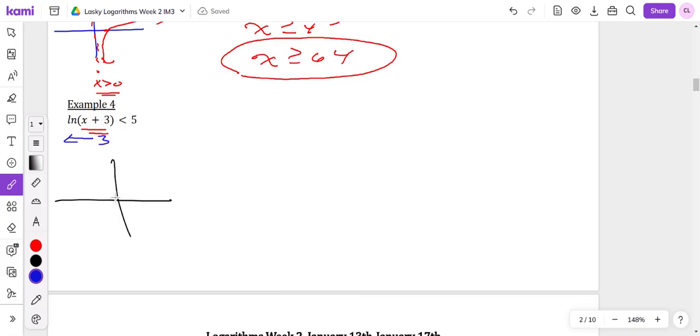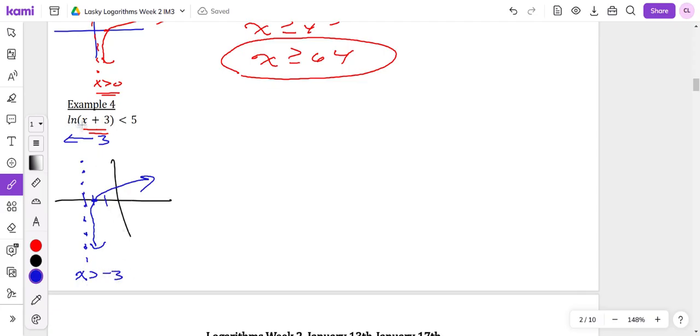So now my asymptote is over here, like this. And so I know that x has to be greater than negative 3. And then I move this over 3, and my graph looks something like this. So I know that all my answers have to be greater than negative 3.